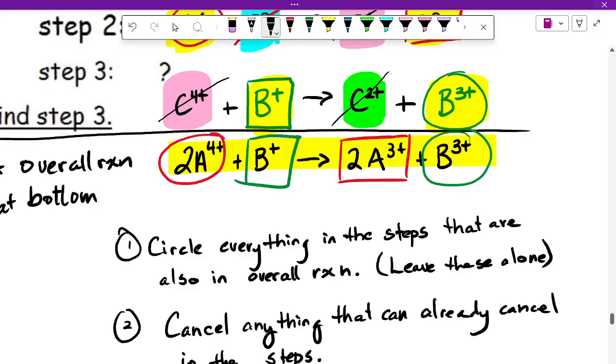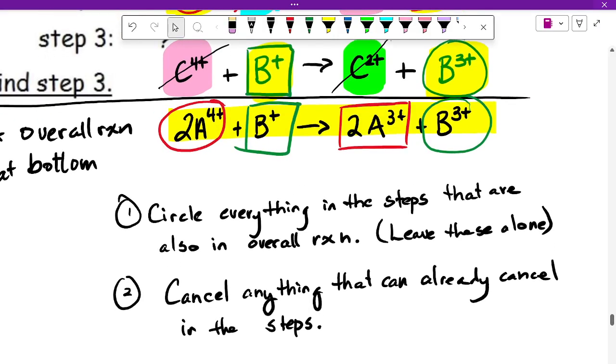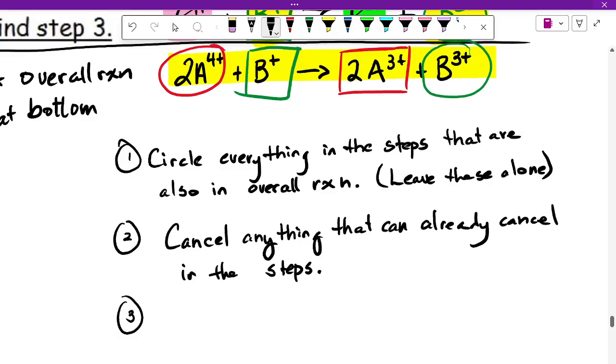And then the third thing you're going to do is put any reactants or products you need into the missing step. It doesn't actually matter, the order of step 2 and 3 doesn't matter.